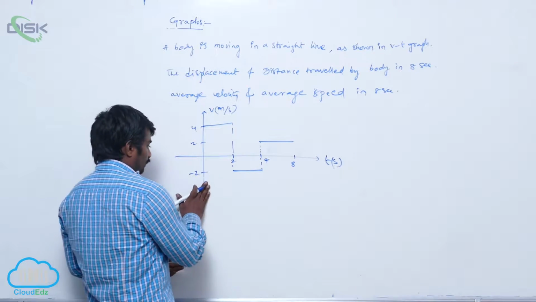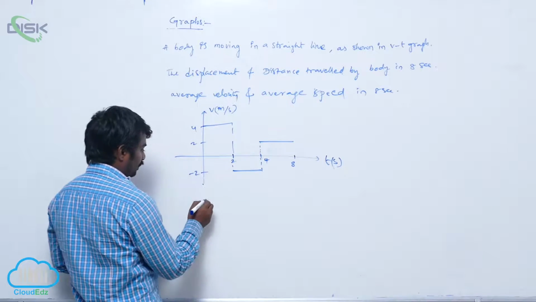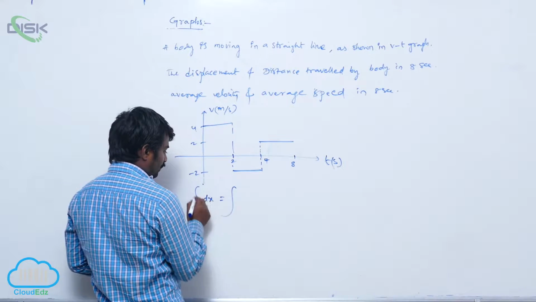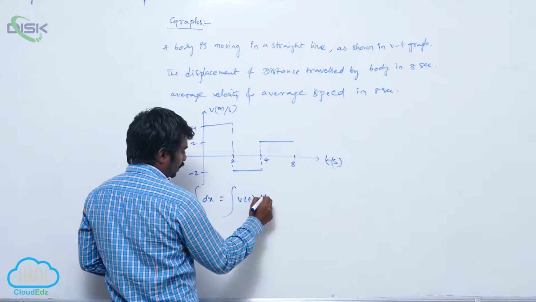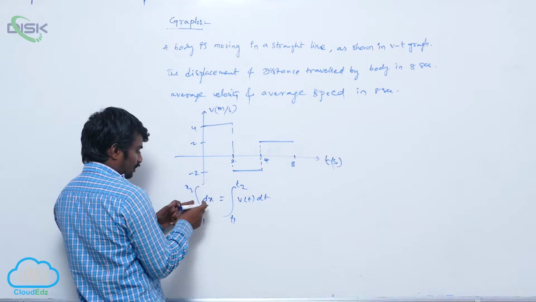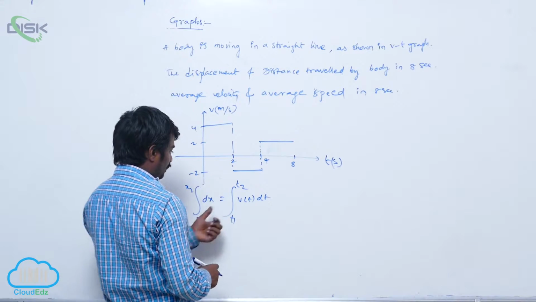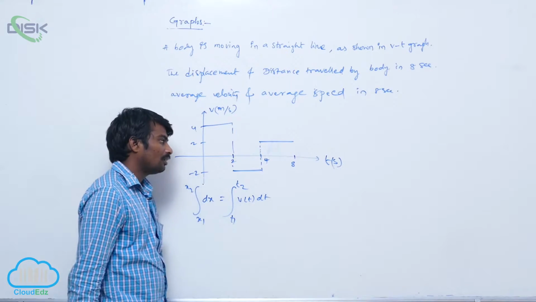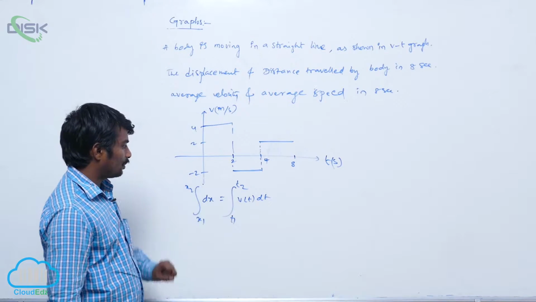See, we know displacement: integration dx is equal to integration v of t dt from t1 to t2, which gives x2 minus x1. That is the displacement, equal to the area between the VT graph and the time axis between those two time limits.